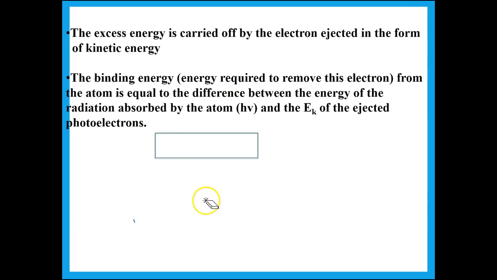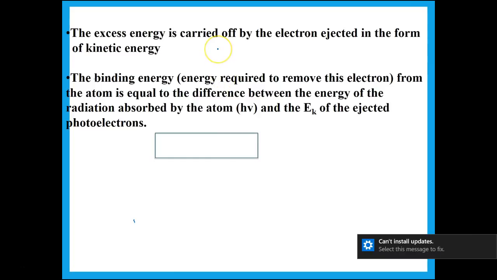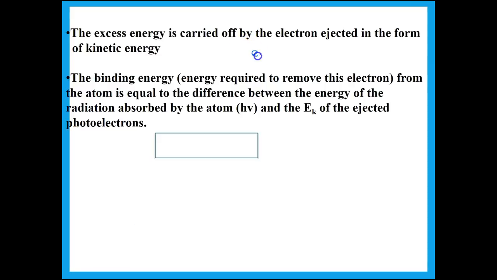So here we are. We understand that excess energy must be carried off by the electron. If we have a photon that is greater in energy than the ionization energy, then the electron is going to have kinetic energy.